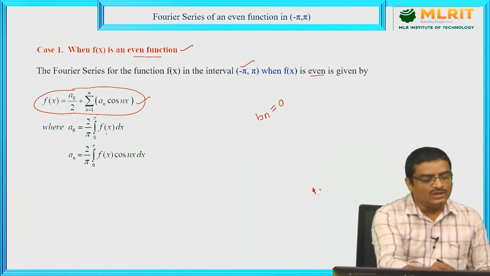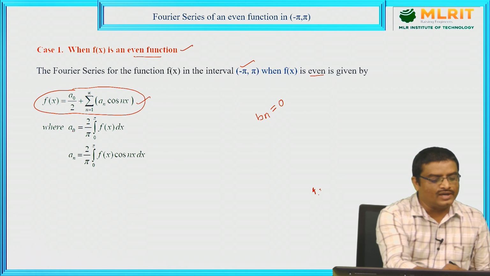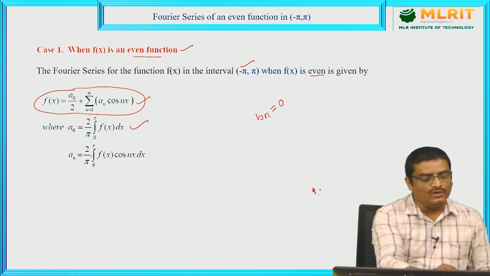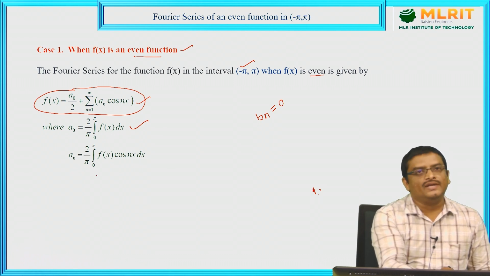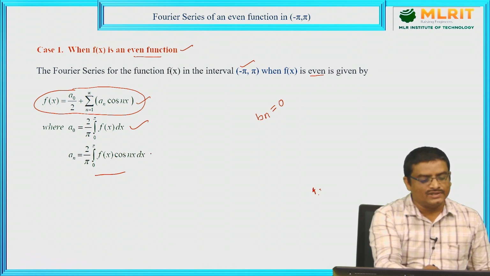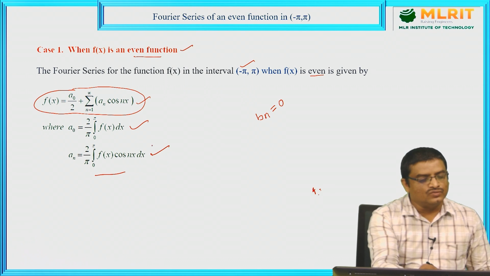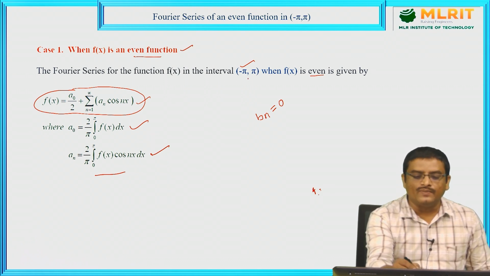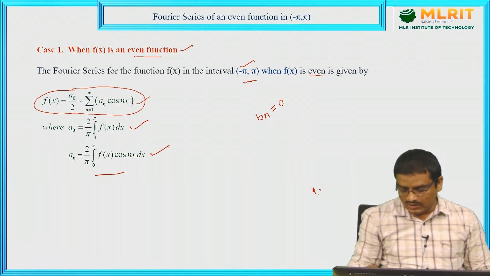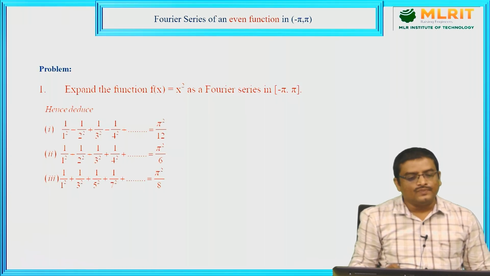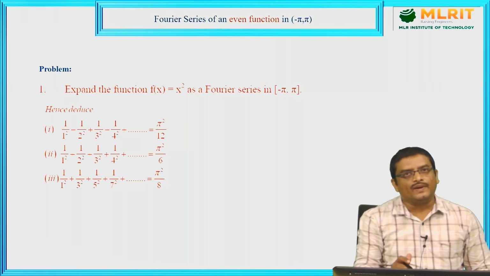Now we have the standard formulas to find a naught and a n. The a naught value is given as 2 by pi integral 0 to pi f of x into dx, and similarly a n is equal to 2 by pi integral 0 to pi f of x into cos nx dx. This is the formula to find the Fourier series whenever the function is an even function in the interval minus pi comma pi. Now let us take one problem on the even function in the interval minus pi comma pi.